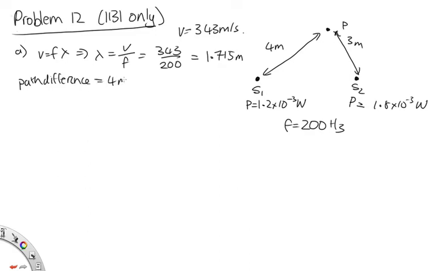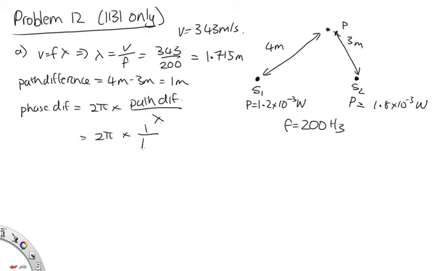This is just the 4 meters minus the 3 meters, which gives us 1 meter. And so the phase difference is equal to 2 pi times the path difference over lambda. So this is 2 pi times 1 over 1.715. When we solve that on the calculator, we get 3.7 radians. It's the phase difference when they arrive at P.